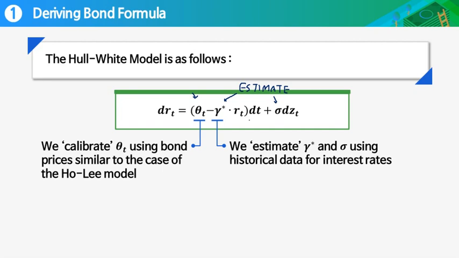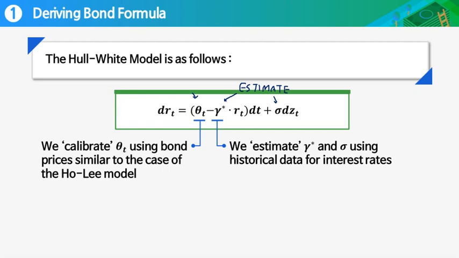In the Hull-White model, by introducing this gamma star term, we can make the interest rate mean reverting. There is some equilibrium or long-term level, and when the interest rate deviates from the long-term level, it tends to go back. There's a property that the interest rate will go back to the long-run level.